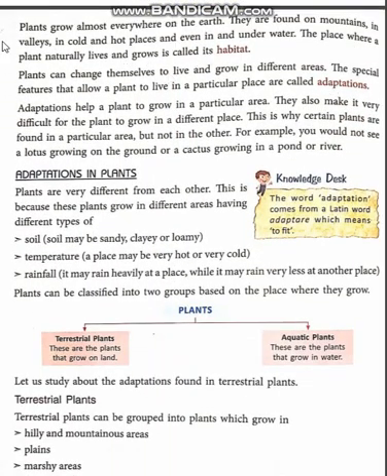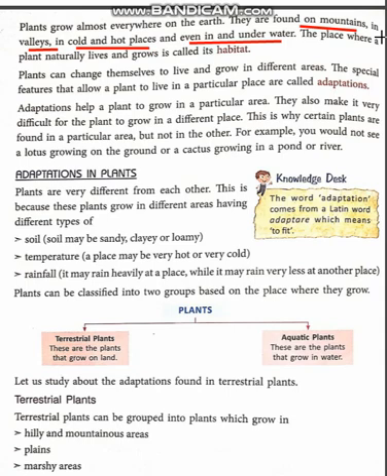Now, plants are almost everywhere on the earth. You can find them at any place of the earth. You can find them on mountains, valleys, hot and cold places, and even underwater.